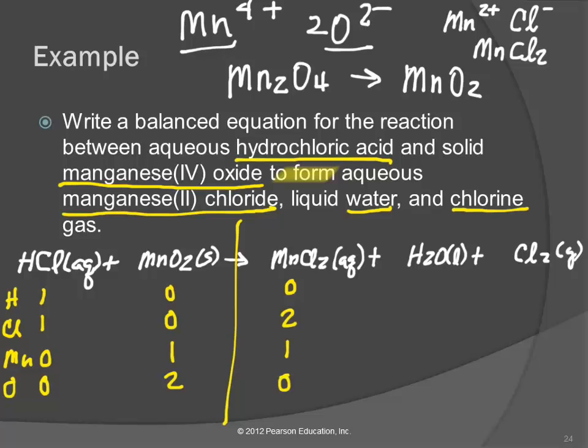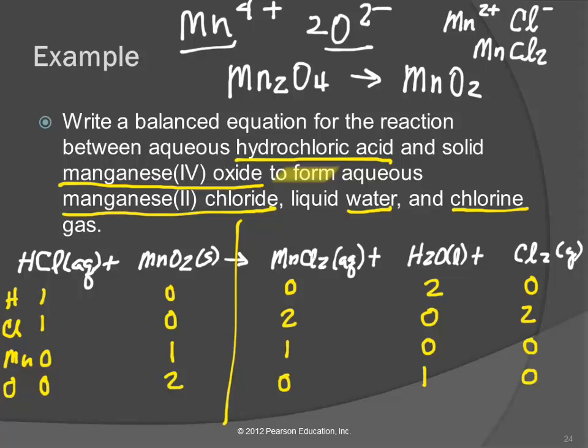In water, I have 2 hydrogens, 0 chlorines, 0 manganese, 1 oxygen. And in chlorine, I have 0 hydrogens, 2 chlorines, 0 manganese, and 0 oxygens. Those look funny. Kind of looks like zoo if you read down.